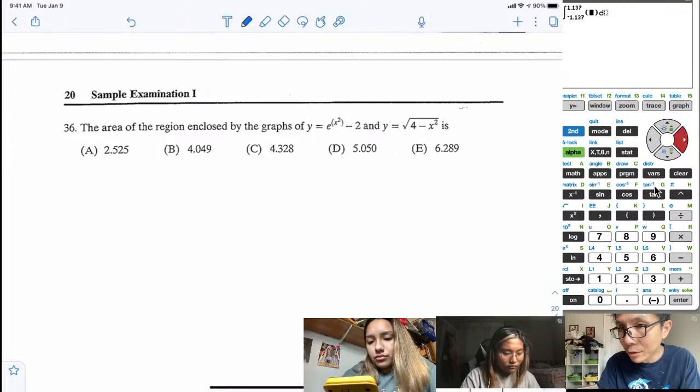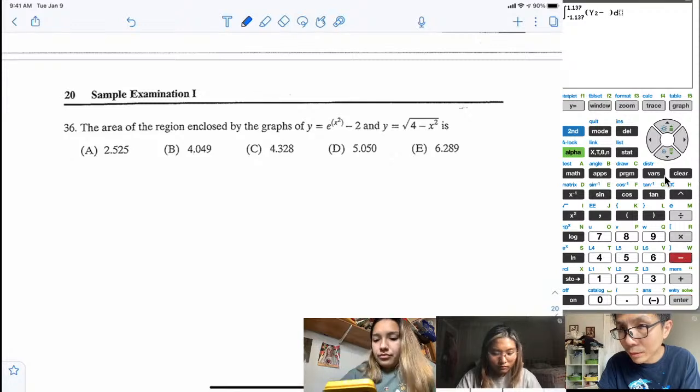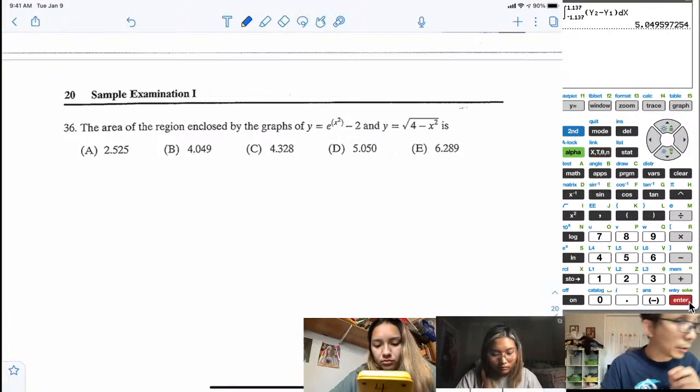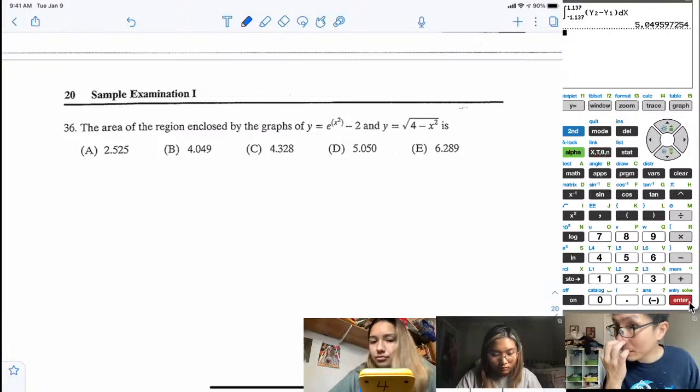And what I'm going to do is I'm going to do the bars. I'm going to use that bars because I don't want to type the whole thing again. And I'm going to do y2 minus y1. And I'm going to do x here. And then when I press enter, it should give me a 5.050.